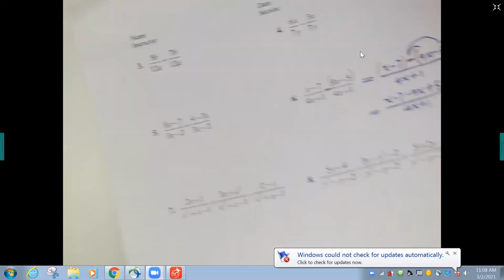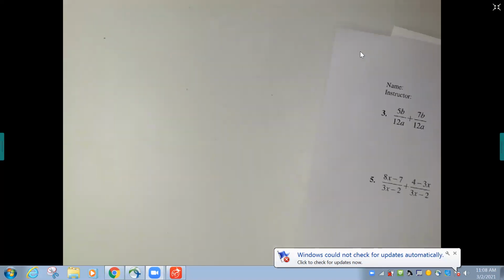Now the problem turns to: what if they do not have the same denominators? What do we do? Let me look at one problem, a simple problem.